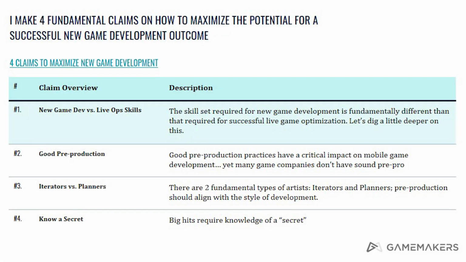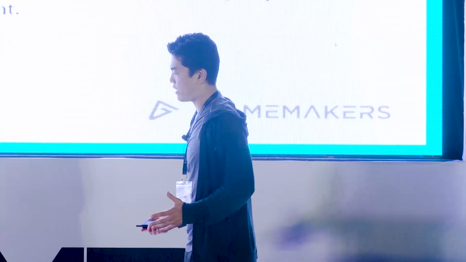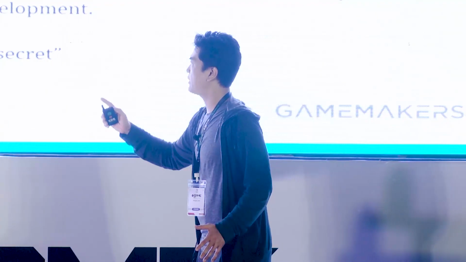If you believe me on that, then game companies will need to take the situational context into account, supporting a production process that is aligned towards the type of artist that you have. And finally, I think that having a huge commercial outcome also depends on this notion of knowing a secret, and I'll go into that later in this presentation as well.